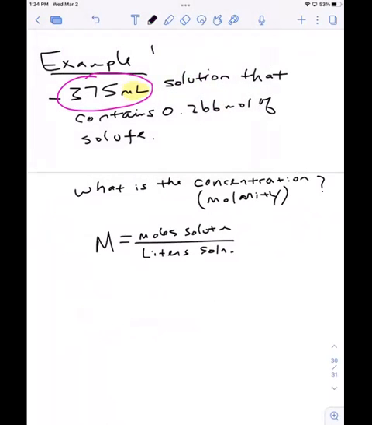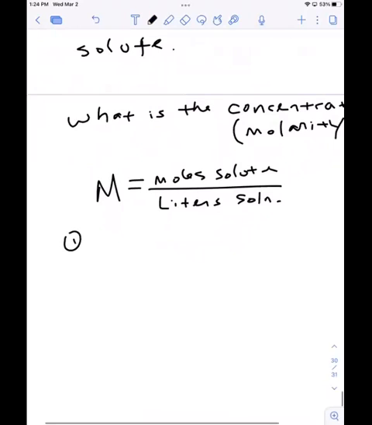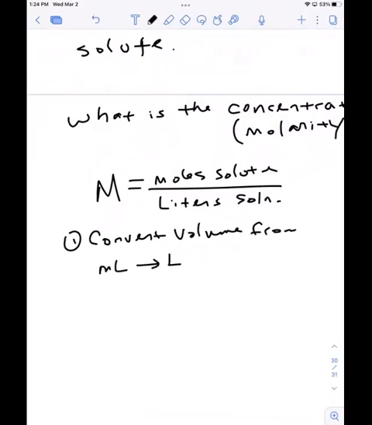Right? The volume is given in milliliters, but we need it to be in liters. So we need to first convert the volume from milliliters to liters. How do we do that?